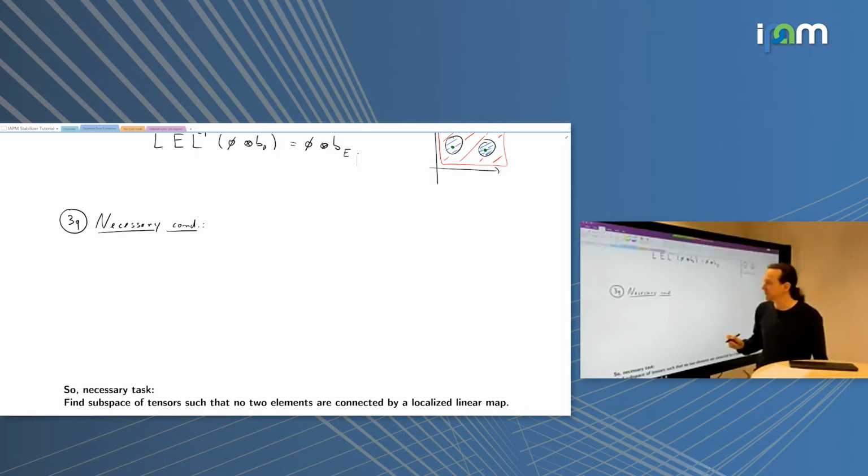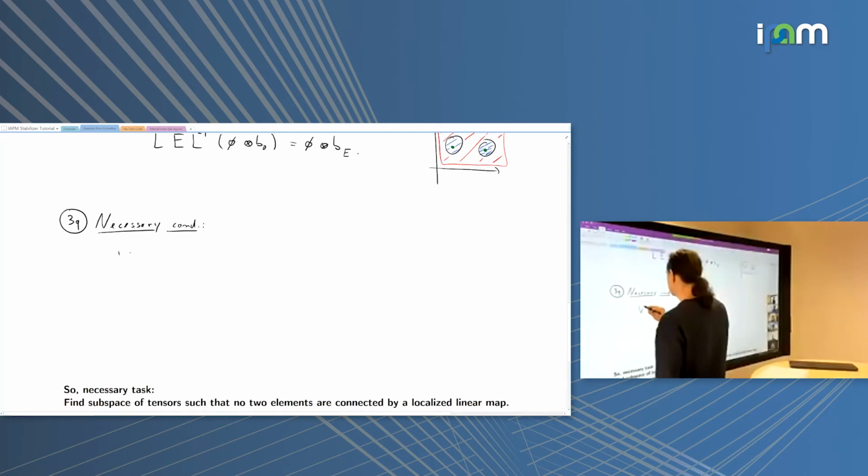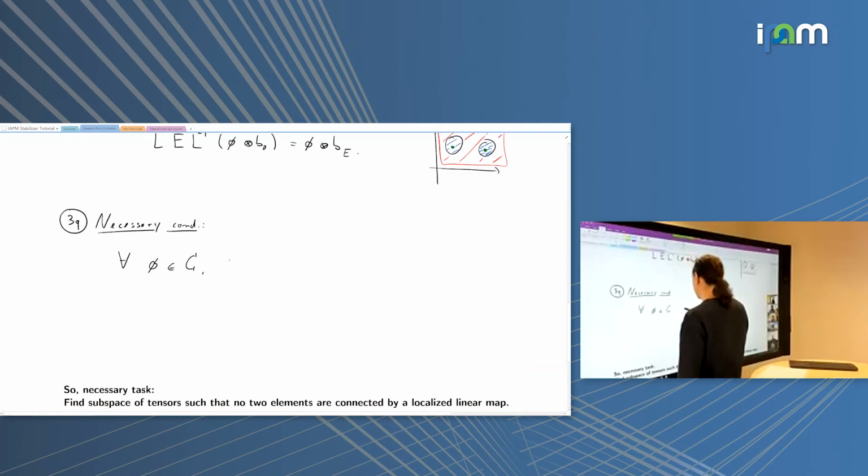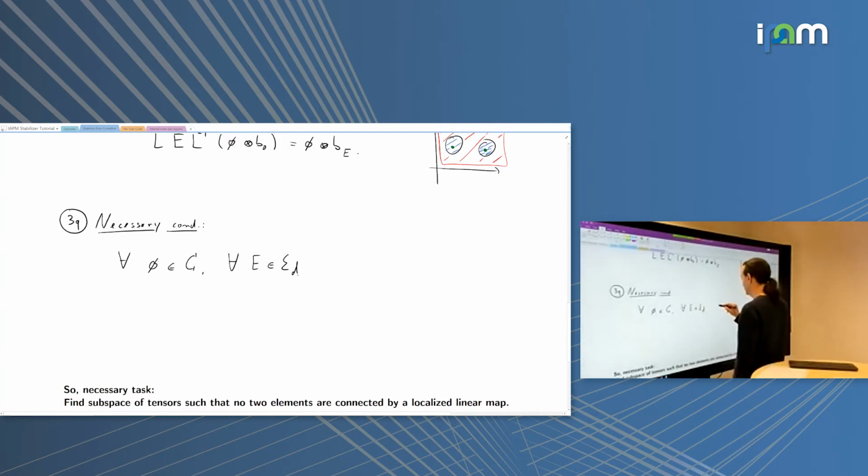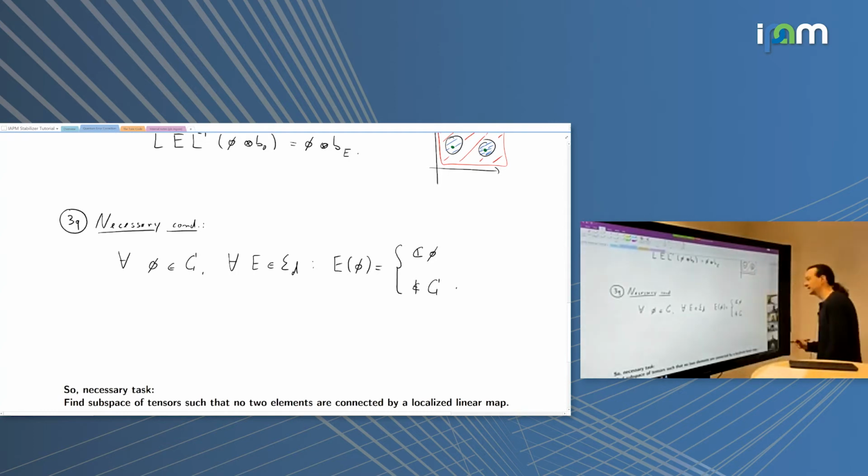This is going to be the quantum analog of our third condition, namely, for all messages in the code space and for all errors in E_D, if I have such an error operator acting on a valid code word, then I get back either the code word up to a scalar or something that is not an element of the code.